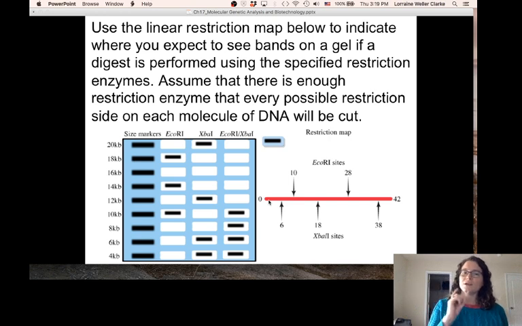Now if you cut it only with the XbaI, 0 to 6, there's a 6 length. 6 to 18, there's a 12 length. Okay, that's the 12. 18 to 38, there's a 20 length. There's the 20.